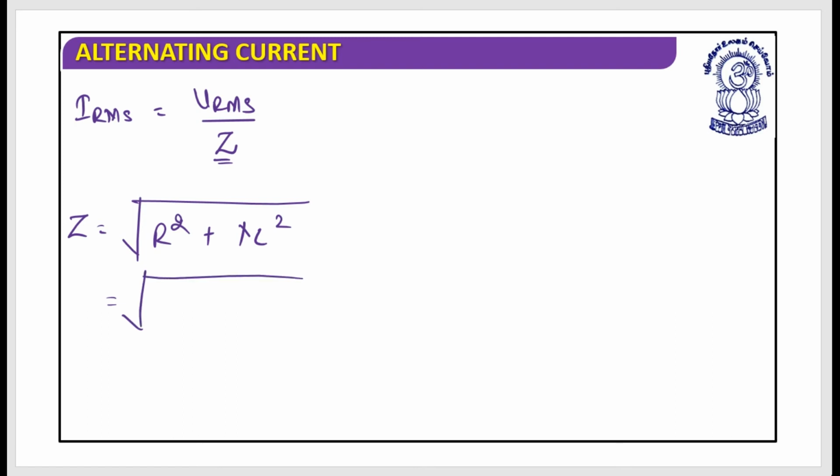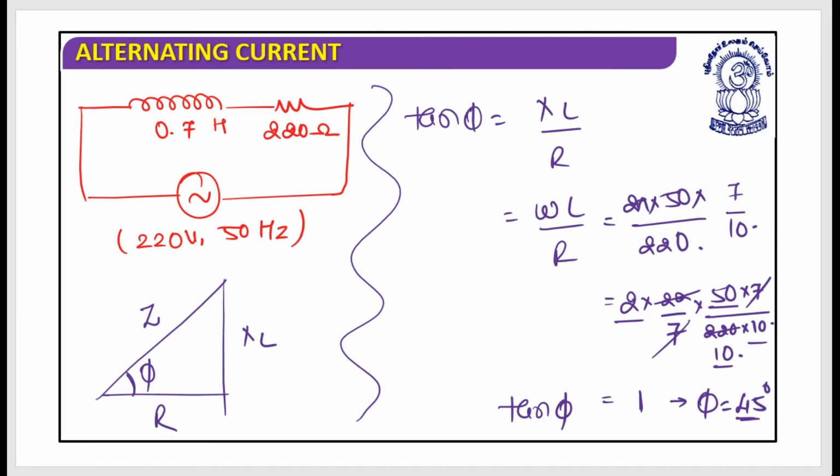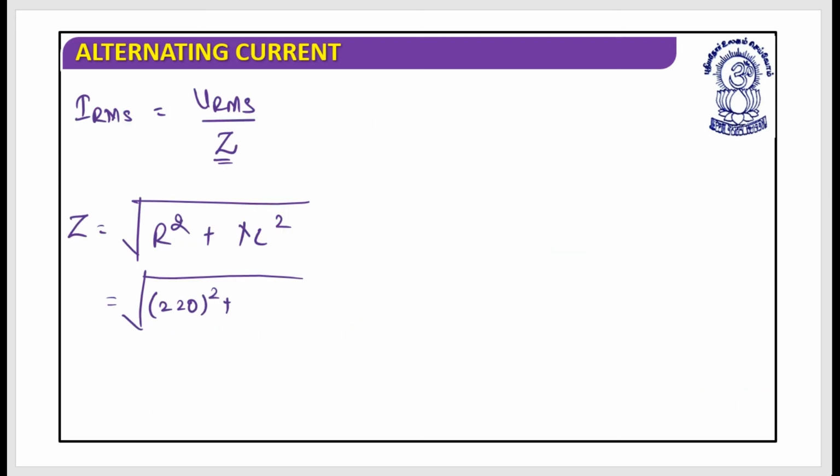This is equal to 220 whole square plus XL. When I calculate this XL, this omega L is again 220. So this is equal to 220 whole square, it's 220 into root of 2 ohm. This is Z.